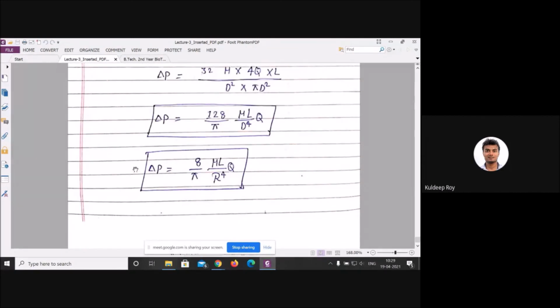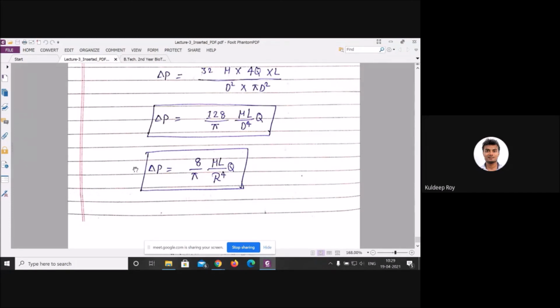Leave it, forget about all these things. Today we talk about two things. First one is losses. How many types of losses? One is major, another one is minor loss. In the major, we have discussed the frictional losses. For frictional losses, there are two formulas: one is Darcy-Weisbach, another one is Chezy's equation.